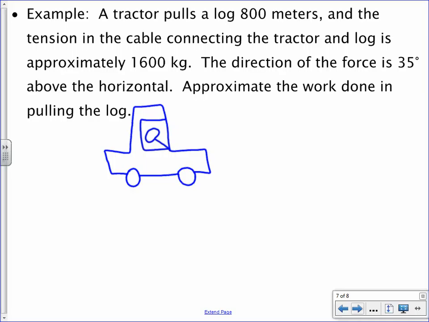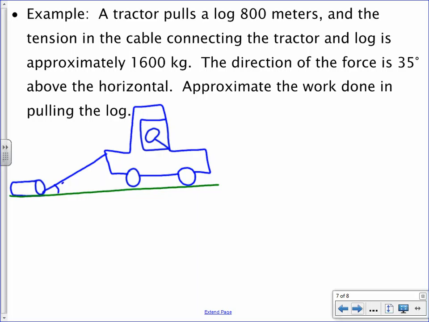This is our tractor, and it's pulling a log 800 meters. The tension of the cable is 1,600 kilograms, okay? So here's the log, and here's the grass.